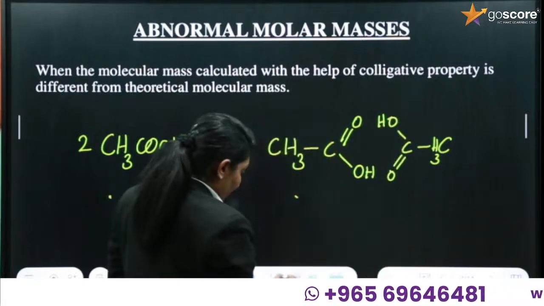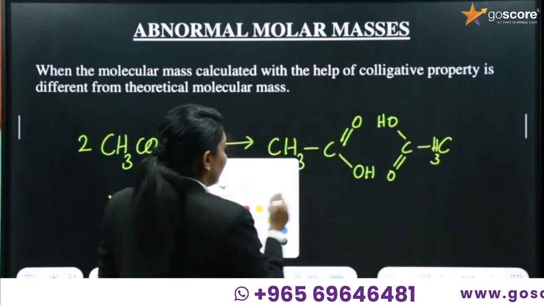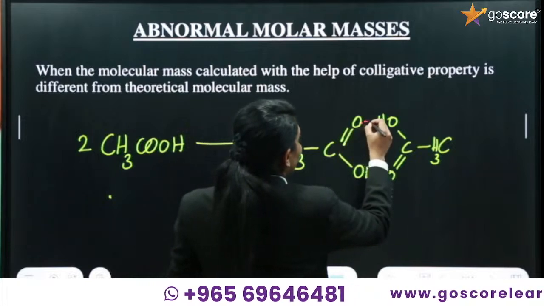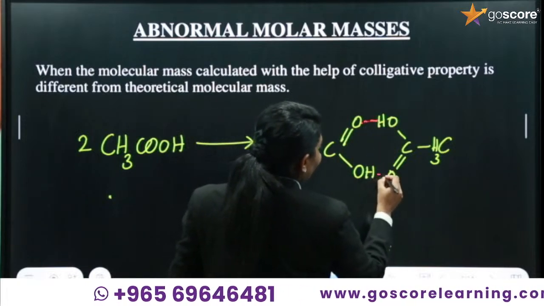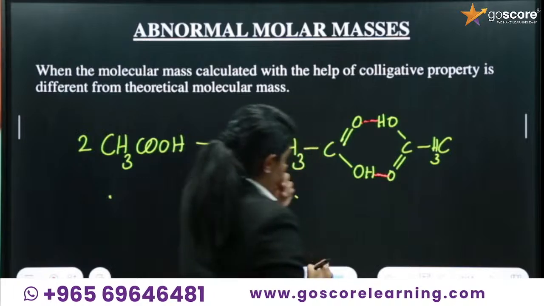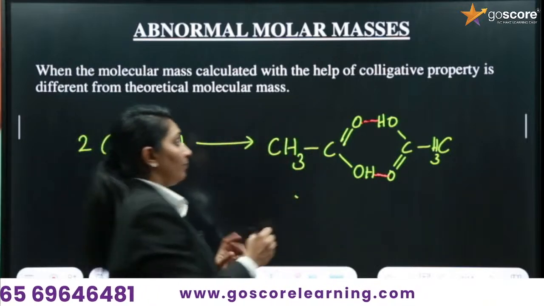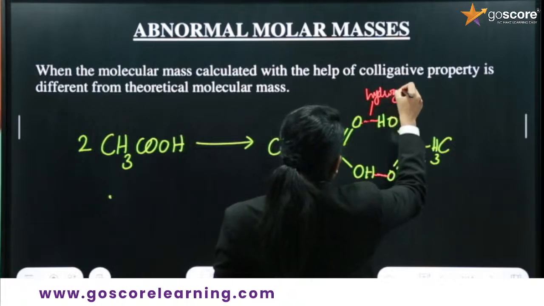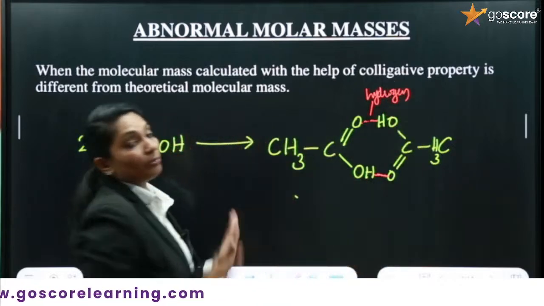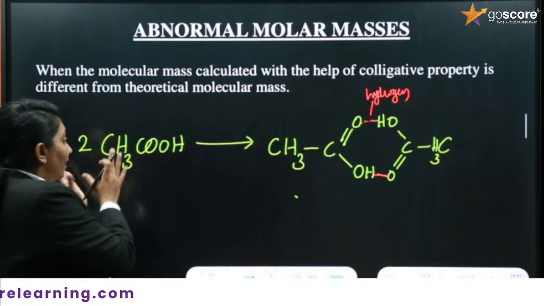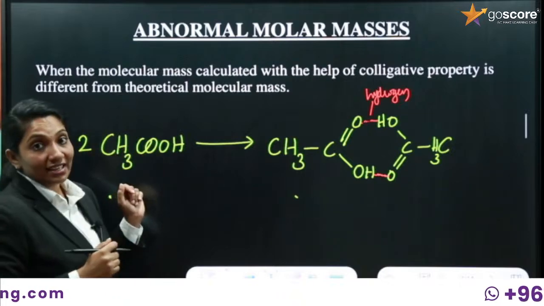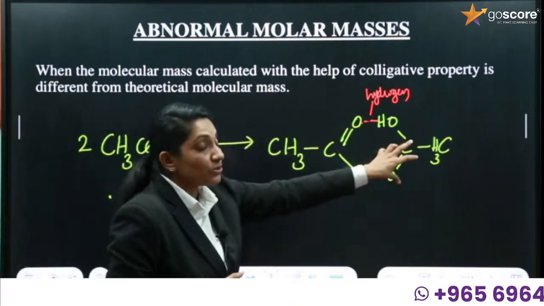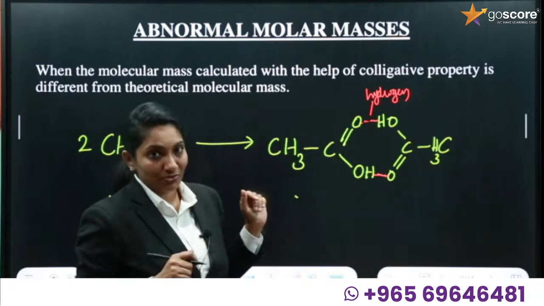When these two particles come closer, there will be a formation of hydrogen bond between this hydrogen and oxygen. So, see, hydrogen bond is formed between them and it will form a dimer. See, here 2 moles of acetic acid are there. It gets associated to form 1 mole of substance.